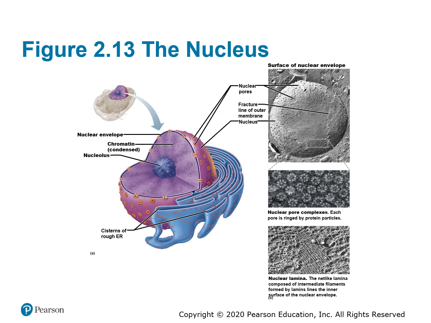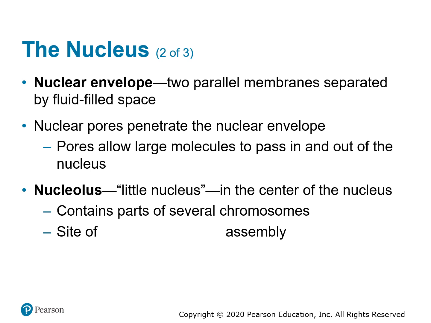Your nucleus is comprised of a couple of parts. The nuclear envelope is a two-membrane system filled with fluid. And then you have nuclear pores, which are essentially openings between the layers from the outside to the inside.